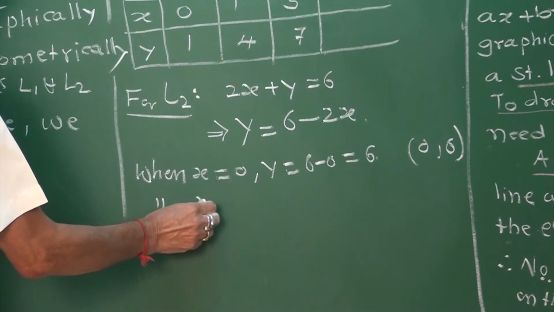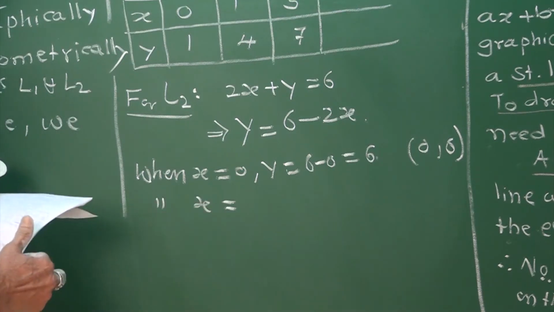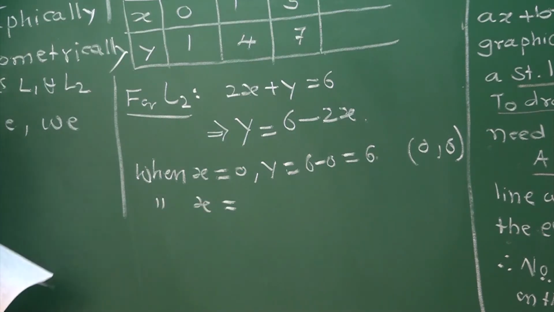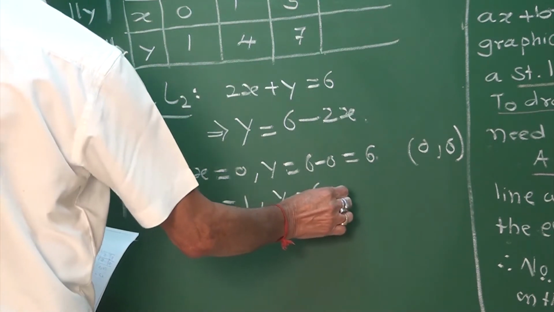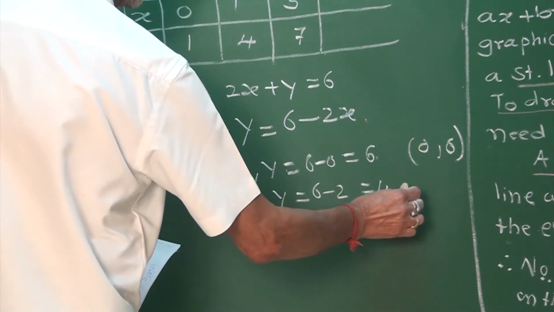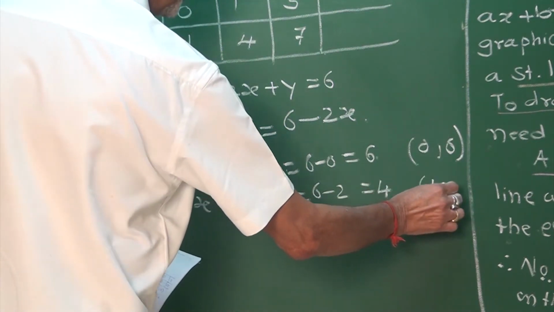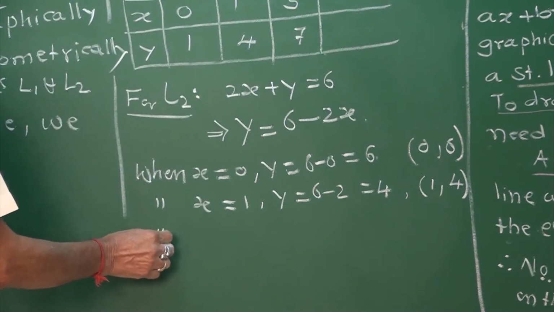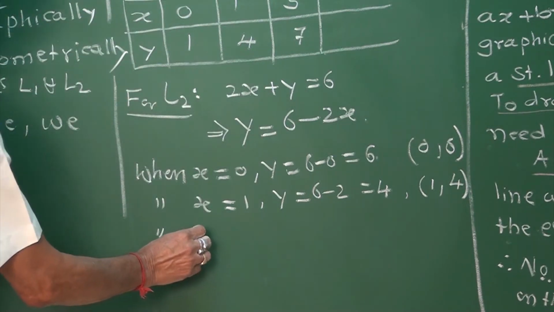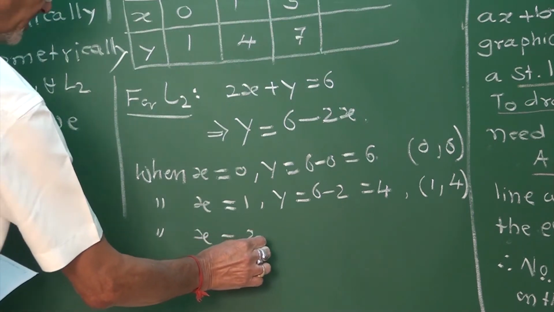Similarly, when x is 1, what about y? 6 minus 2, which is 4. Therefore, the point (1, 4) will be on the line L2. One more point. You can take x equal to 2 or x equal to 3, anything.